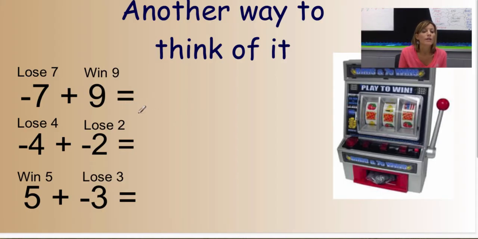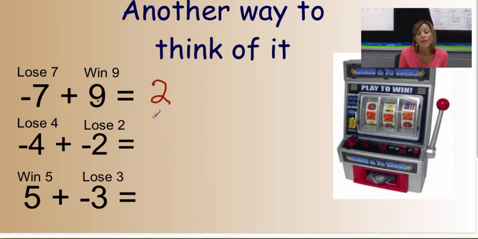Another way to think about it in the real world could be that you lost 7 yards on a football play and then you gained 9 yards. So if I started at negative 7 and I went right 9, I would actually end up past 0 at positive 2.